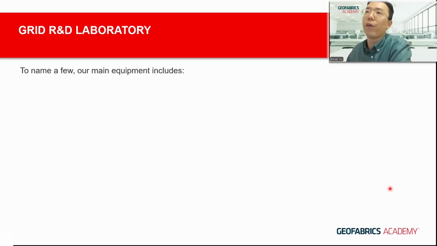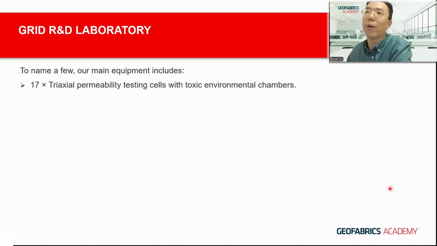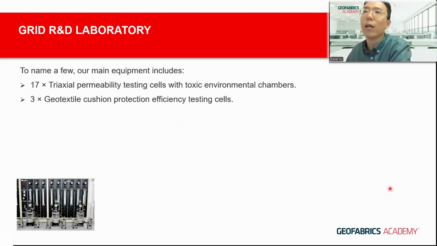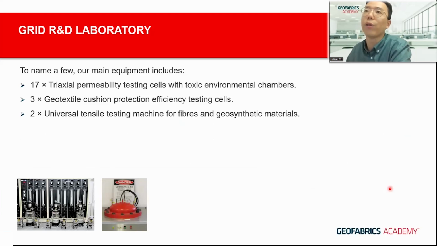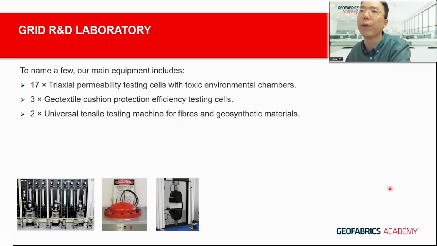Just to name a few, our main equipment in the lab includes 17 triaxial permeability testing cells, all of them with toxic environmental chambers. We have 3 geotextile cushion protection efficiency testing cells. We have 2 universal tensile testing machines, one for testing fibers only, and the other for testing geosynthetic materials.